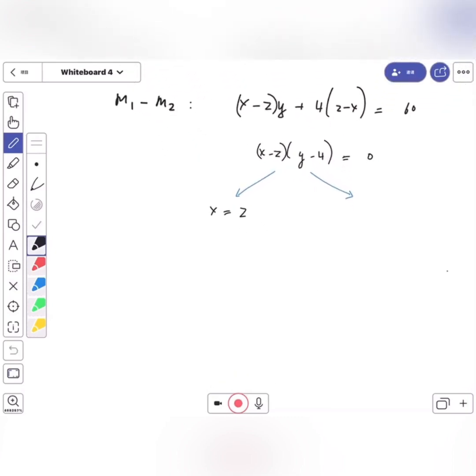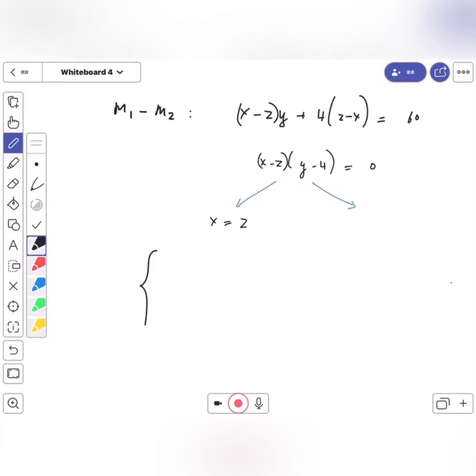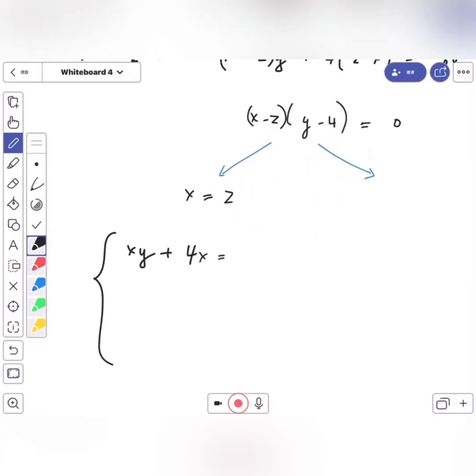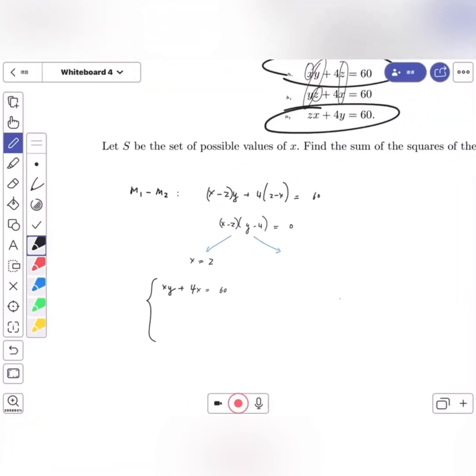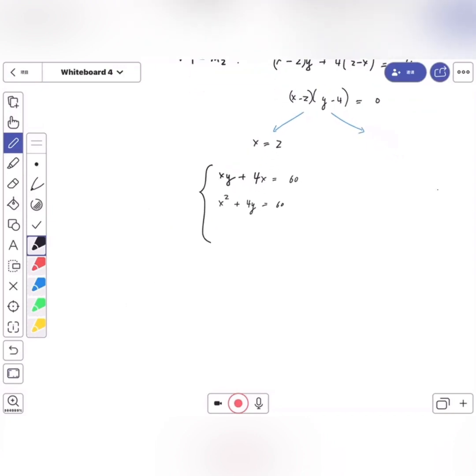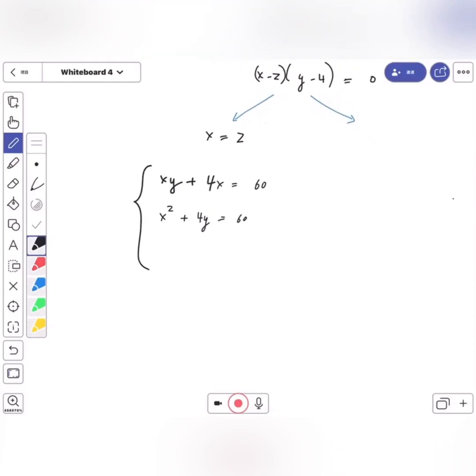Then we're going to have this system, which is first xy plus 4x is equal to 60, and we also have the second equation, which is x squared plus 4y equal to 60. Okay, but this still seems to be not that clear what to do.